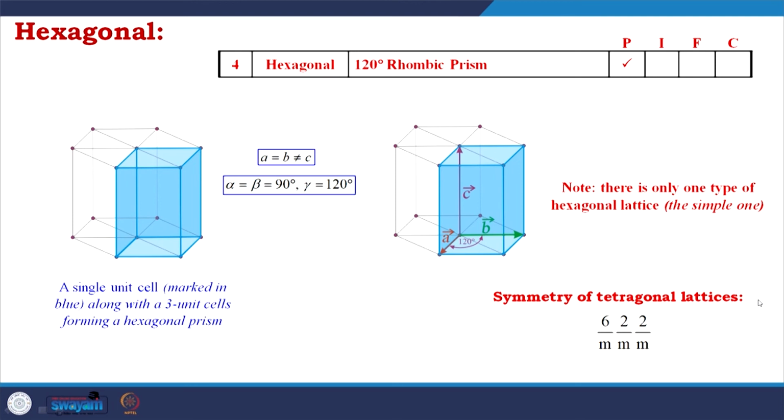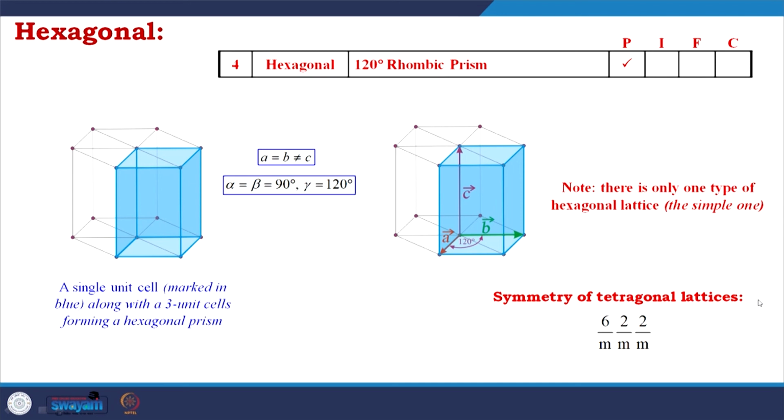Hexagonal, you will note that here there is only primitive. a equal to b not equal to c, angles alpha equal to beta equal to 90 degrees, gamma equal to 120 degrees. As I told, there is only one type of hexagonal lattice, the simple, the primitive one. A single unit cell is marked in blue along with 3 unit cells forming a hexagonal prism, if you see.